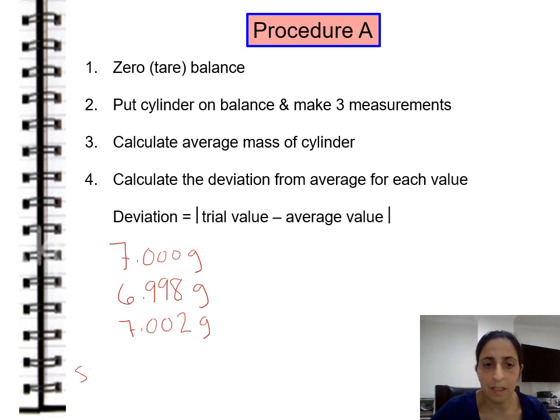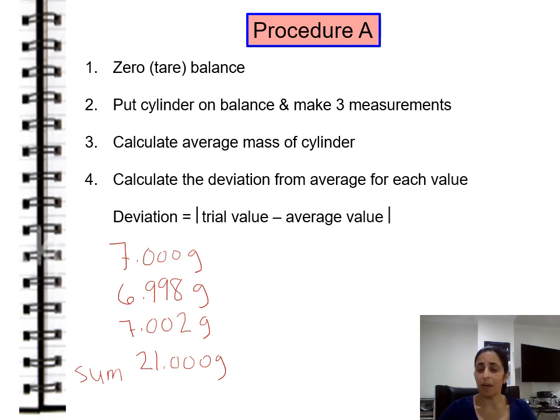So when I add these three numbers up to find the sum, this will give me 21.000 grams. Notice that my answer has 3 numbers after the decimal because when I added them, I have 3 significant figures. Now, to find the average of these 3 numbers, I would take the 21.000 and divide it by 3.